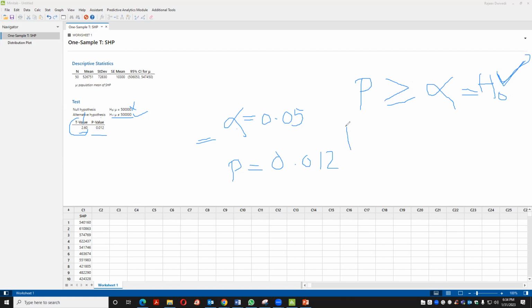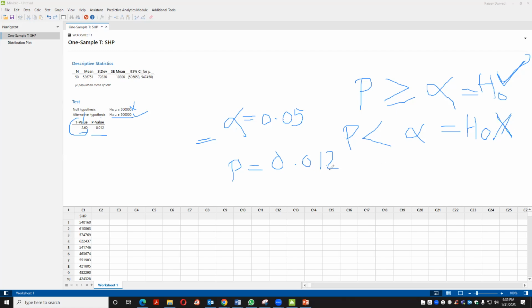If p is less than alpha, here alpha is 5% and p is 1.2%, then in this case, H0 is rejected. So these are the two ways.